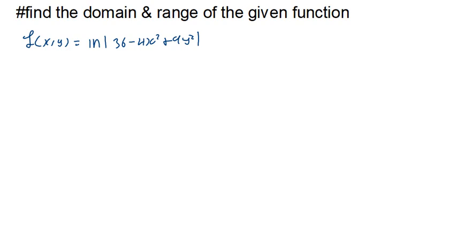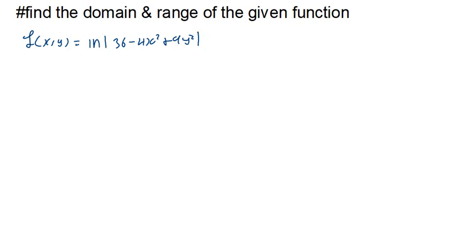So you try your level best to avoid doing anything that might result in you getting a 0 or a negative. In this case, we might get a 0, yes, but a negative we don't really care about, because we have these modulus signs. They are going to cancel out the negative.